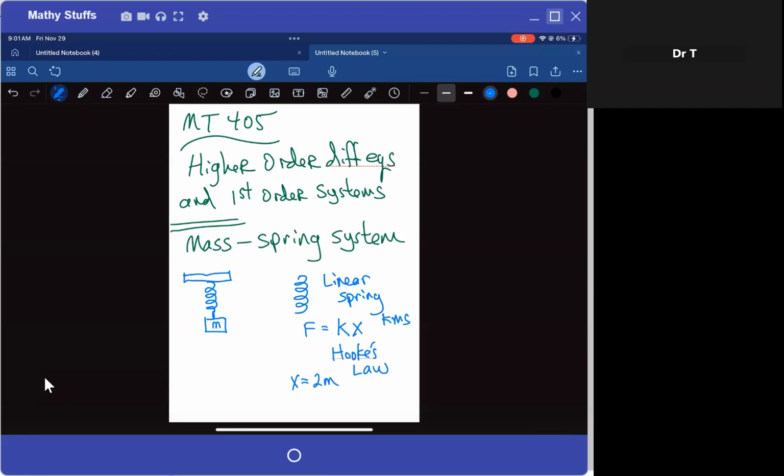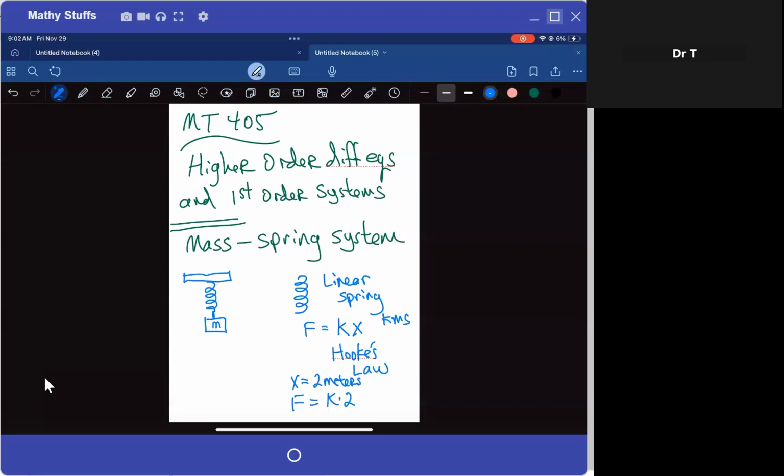Then the force required to do that is going to be governed by this equation right here, and that K is a constant. That should be a 2 there. 2 times K, because our mass is 2. I'll put meters here so it doesn't look like mass.